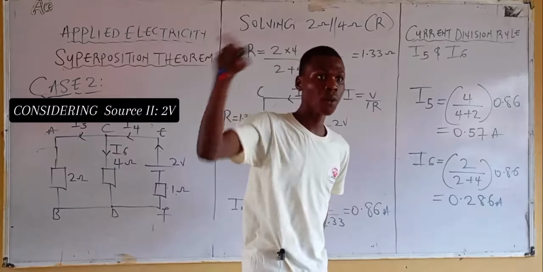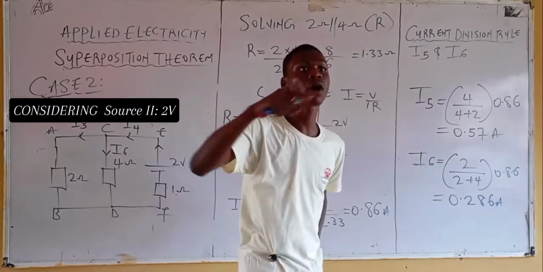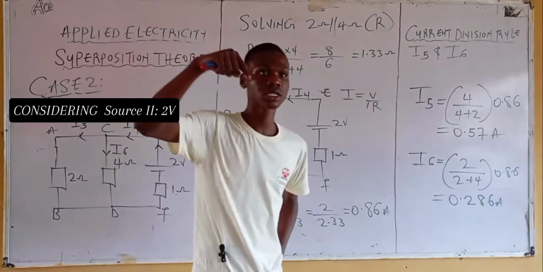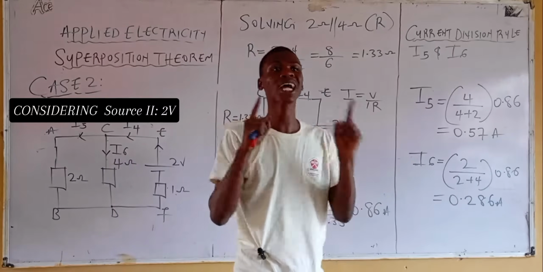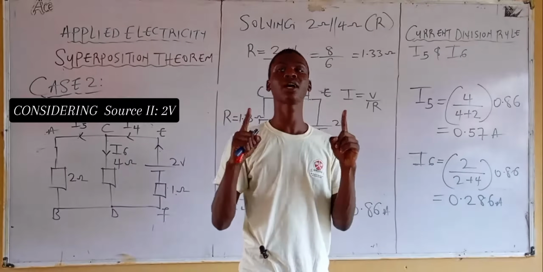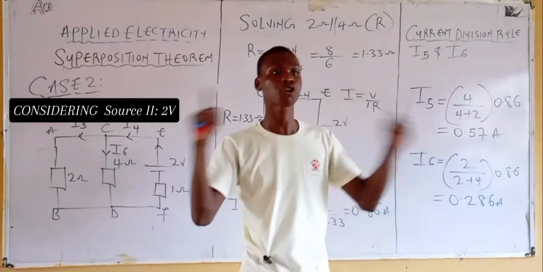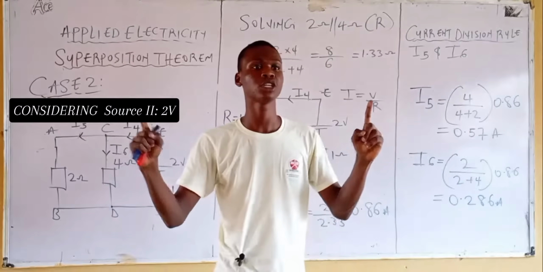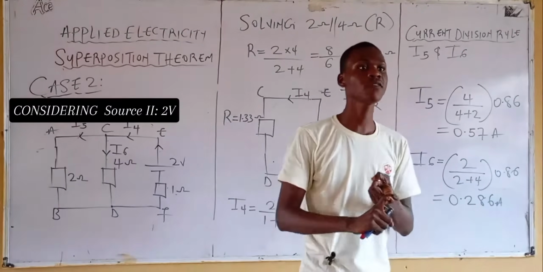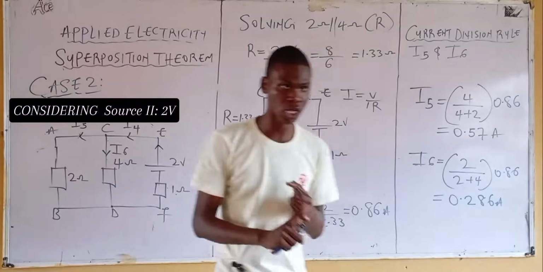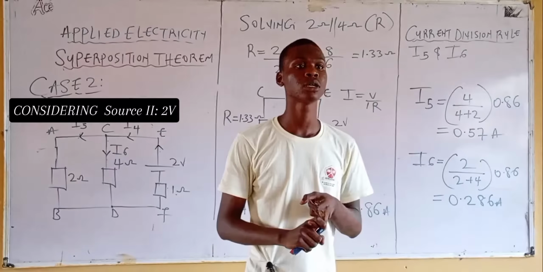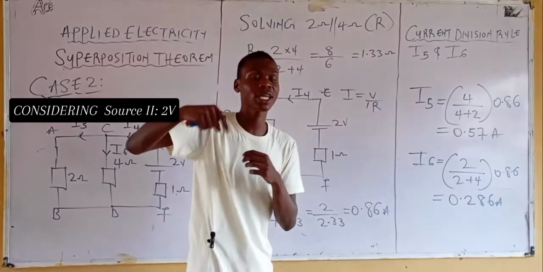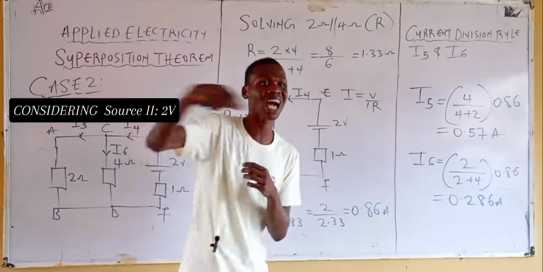Yes, I1 and I4, for branch AB. Now, to get the resultant value of current, the priority is, are they going in the same direction? If they are going in the same direction, it becomes addition. If they are going in different directions, subtraction. Are you with me? Any question? So what that actually means is not as if you just add and subtract.